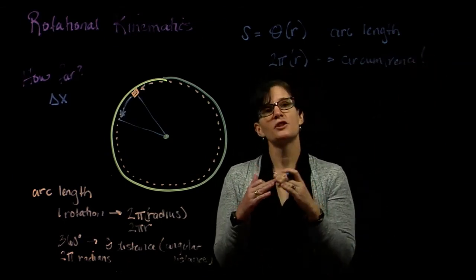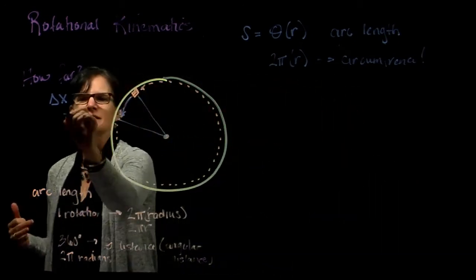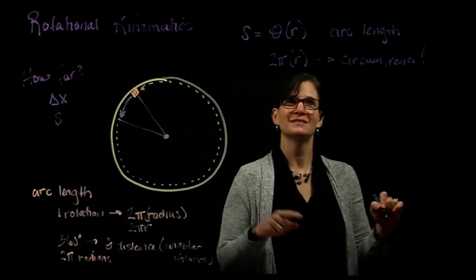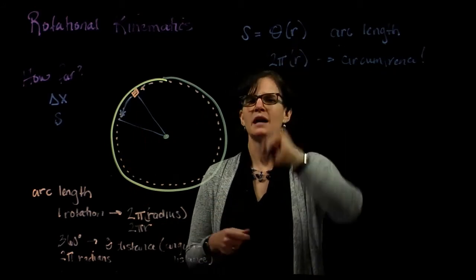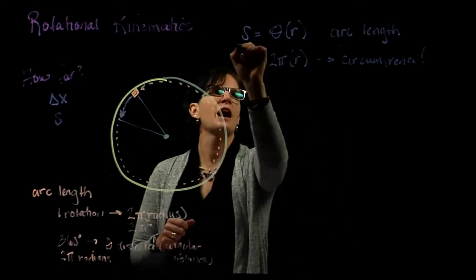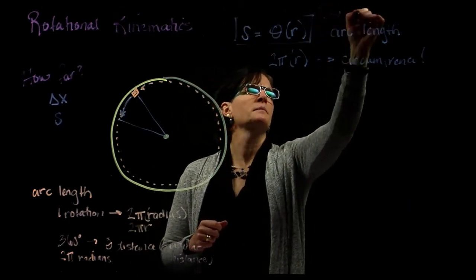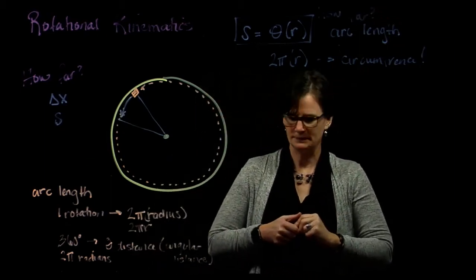So if I want to determine the distance, the translational distance, the how far, in rotation, I need to know what the angle is that the object goes through times the radius. Okay, so this is our how far question, and how we get how far an object moves.